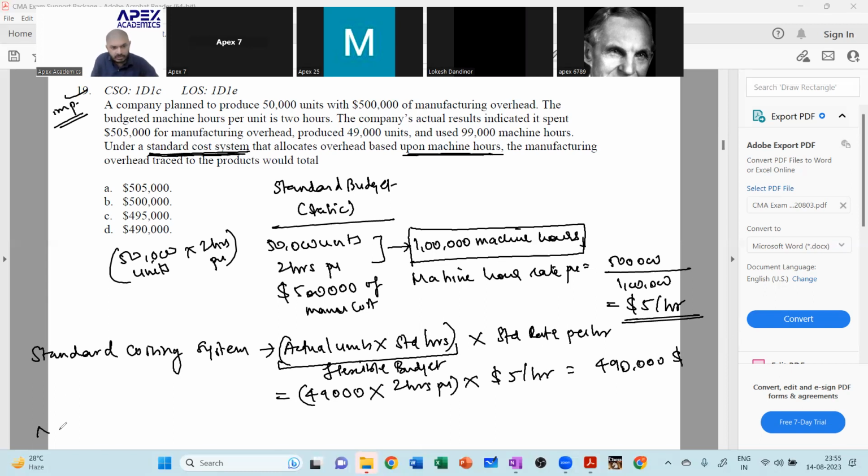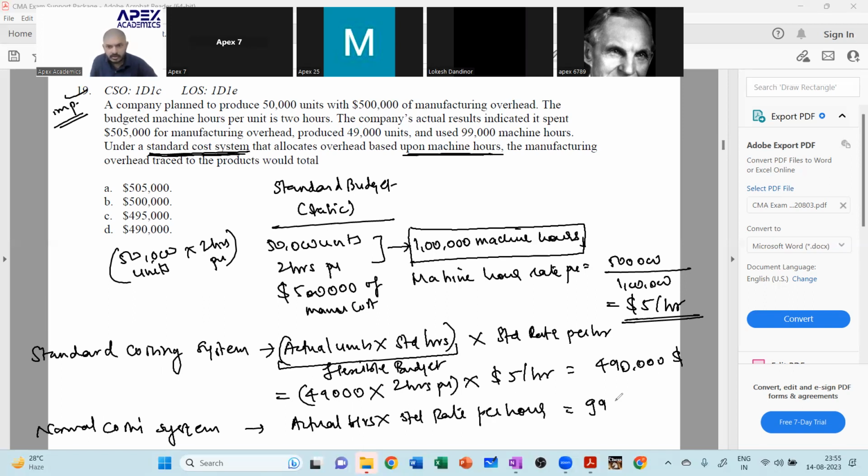If I was to do this on a normal costing basis, I am looking at actual hours multiplied by standard rate per hour, which is equal to 99,000 machine hours multiplied by 5 per hour, which is equal to 495,000.